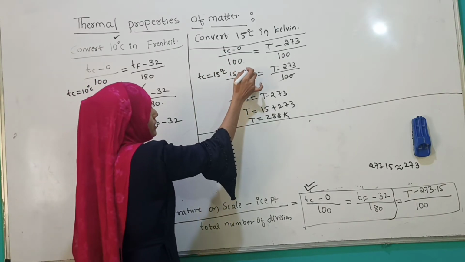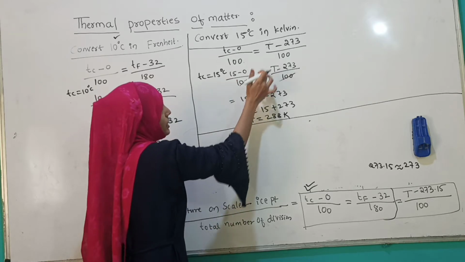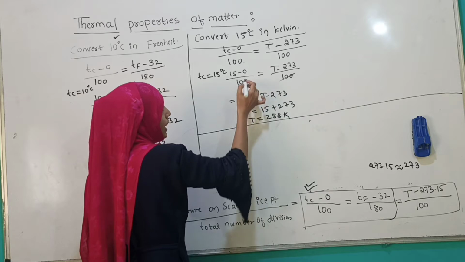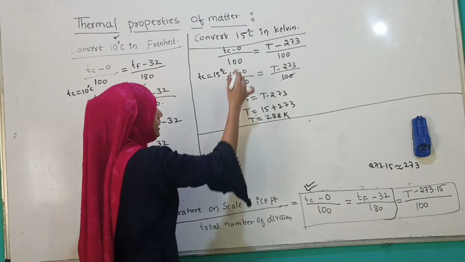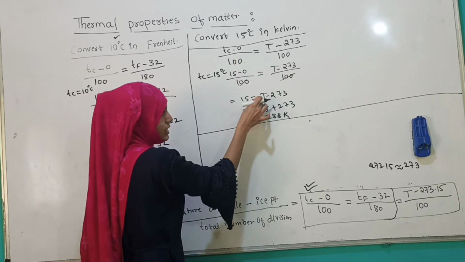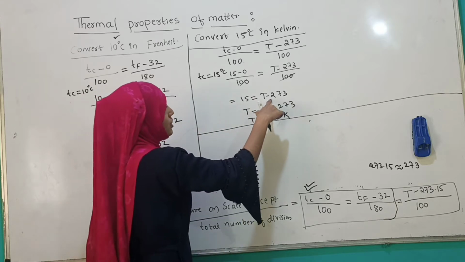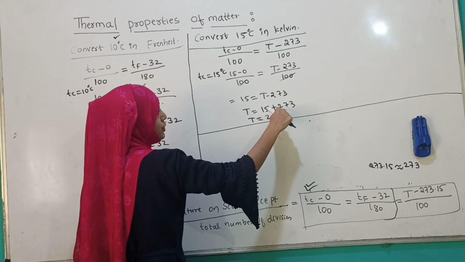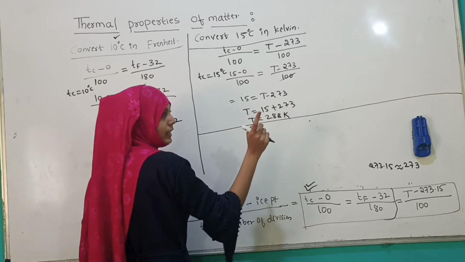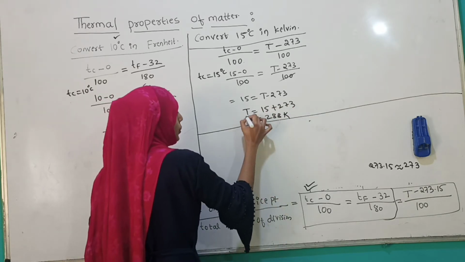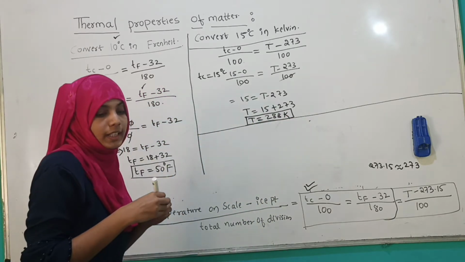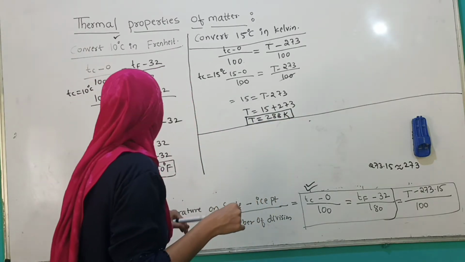Hence (15 minus 0) divided by 100 is equal to (T minus 273) divided by 100. The 100 cancels. 15 is equal to T minus 273. T is equal to 15 plus 273. Then T is equal to 288 Kelvin.